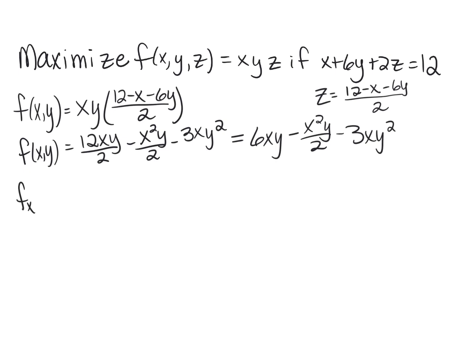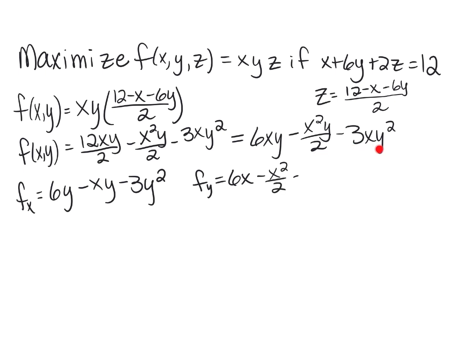So the first partial with respect to x is going to be 6y minus, this brings a 2, which cancels that, I get xy minus 3y squared. With respect to y, we get 6x, minus x squared over 2, and minus 6xy.